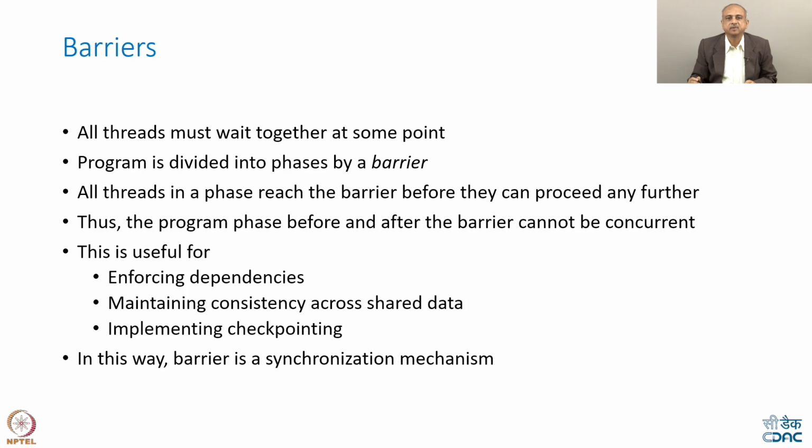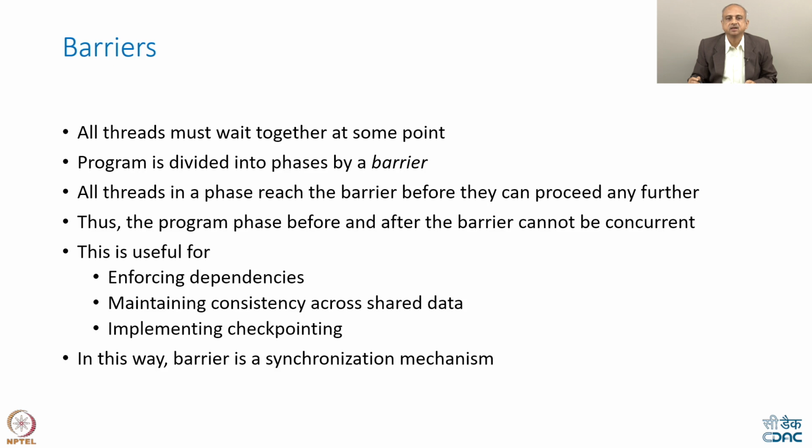The program that is having these threads is divided into phases, and the phases are separated by a barrier, and all the threads which are running in a phase, they have to reach the barrier and they have to wait. They cannot cross the barrier until the barrier is released.